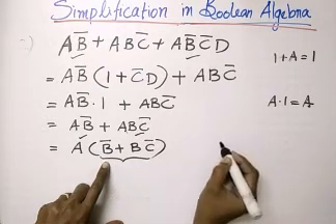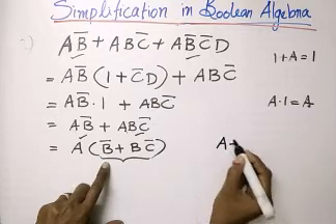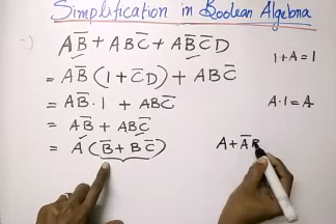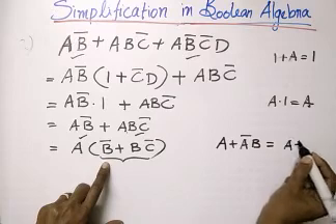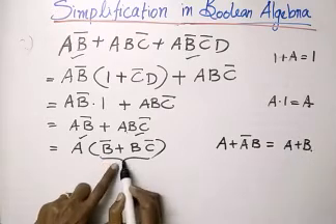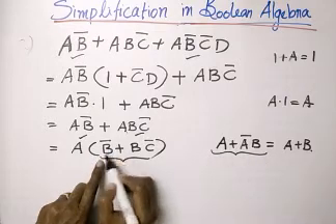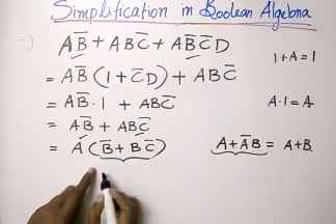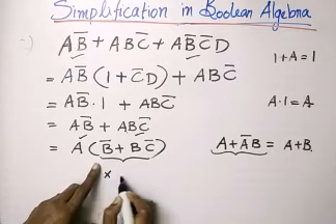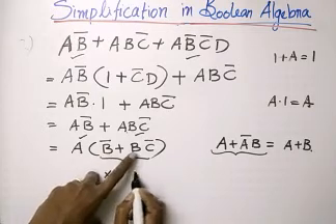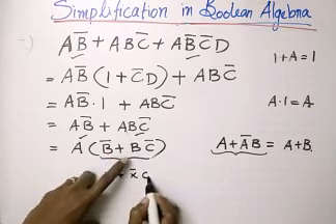We already studied a rule: A or A'B is equal to A or B. Here this term is similar to this rule, that is, consider this B as X. It will be X or the complement of X, then C'.